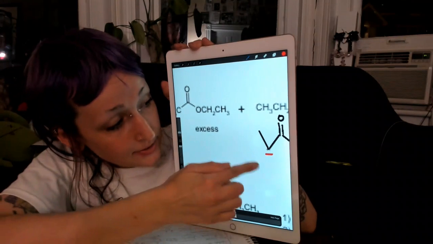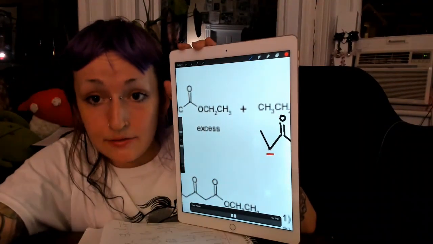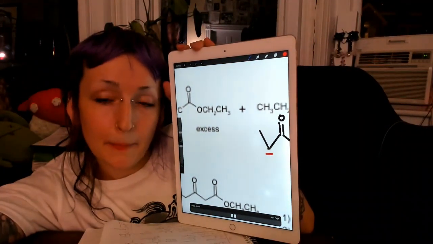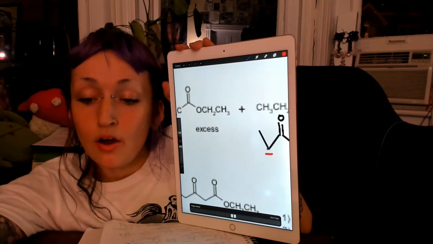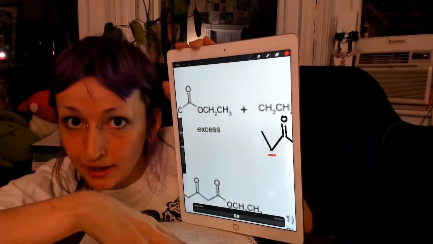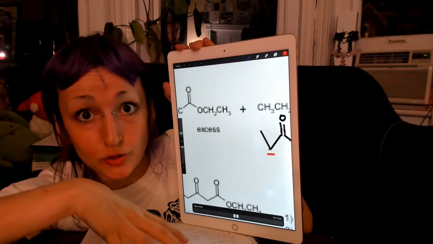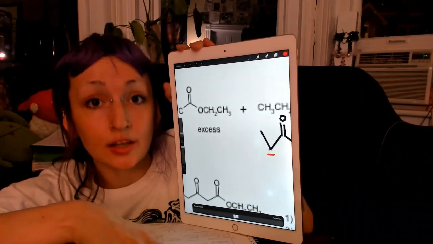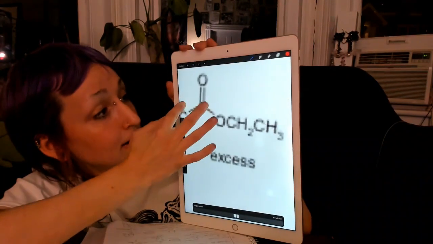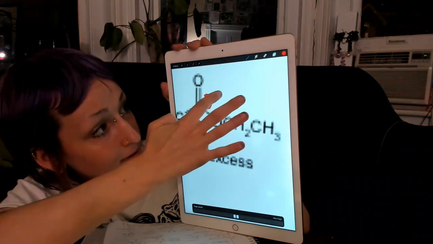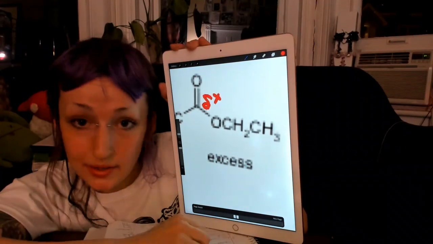Now, if you remember, nucleophiles are nucleophiles because in the nucleus there are positively charged protons, and they are looking for them. And this carbonyl has a partial positive charge.